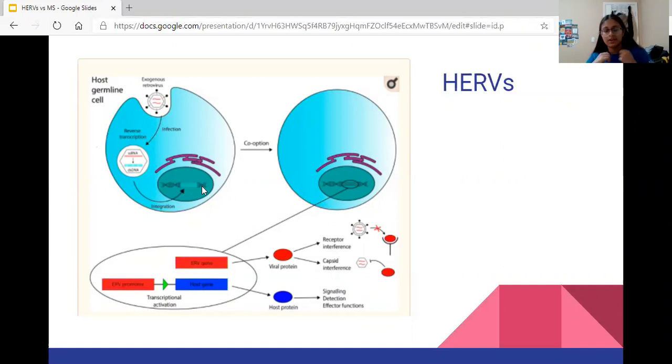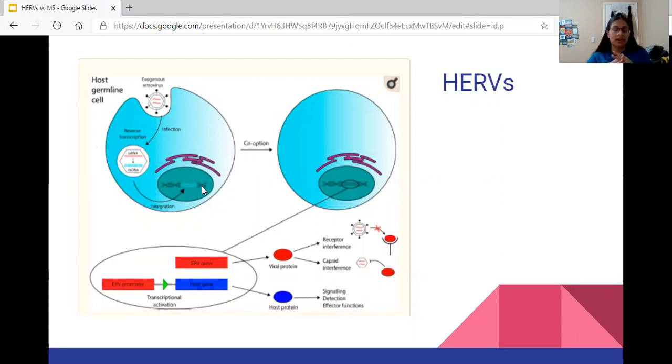Now, where does this fit into the human body? Normally, if an organism is infected with a virus, this isn't going to affect the offspring. So if a person is infected with a virus, considering current times, maybe coronavirus, and then 10 years later or so they have offspring, that viral DNA isn't going to be passed on to their offspring.